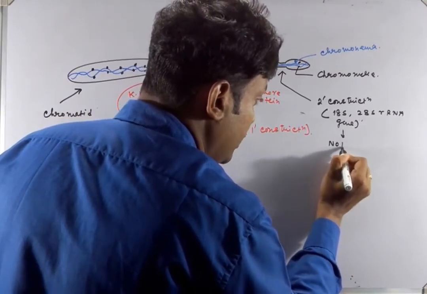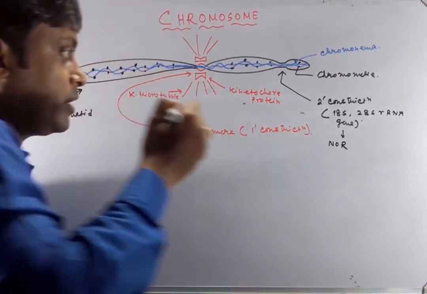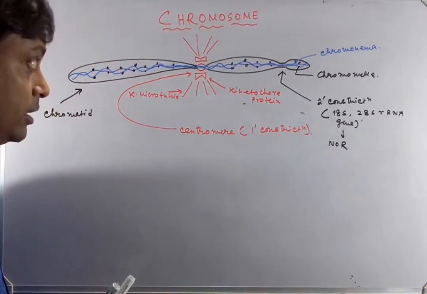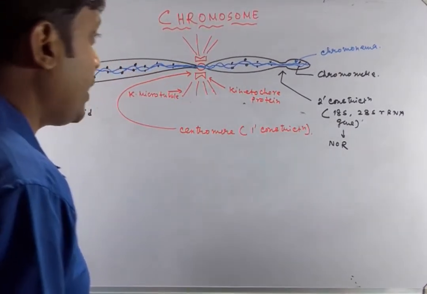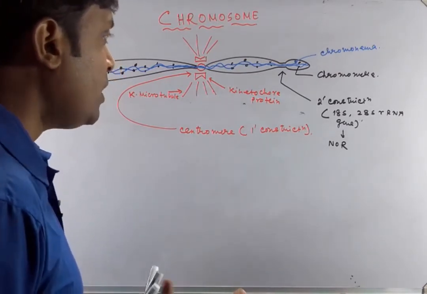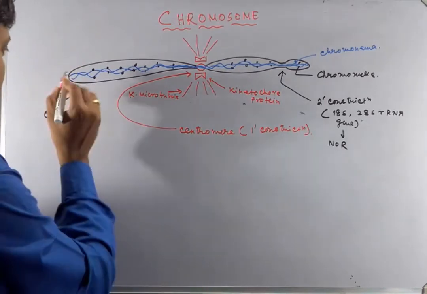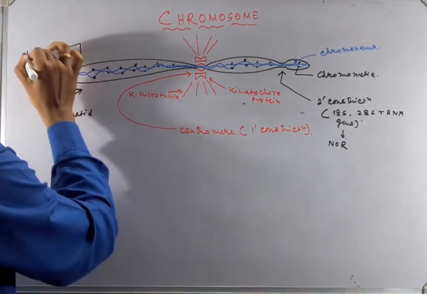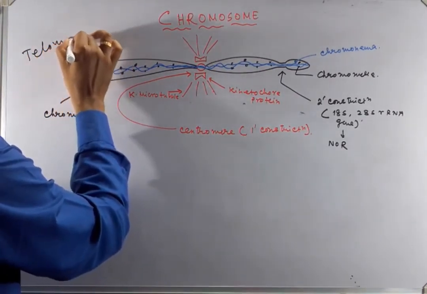So this is called the nucleolar organizing region. Okay, so the secondary constriction is called the nucleolar organizing region, and this is the structure of the chromosome. And the last part of the chromosome is the telomere. So this is the telomere.